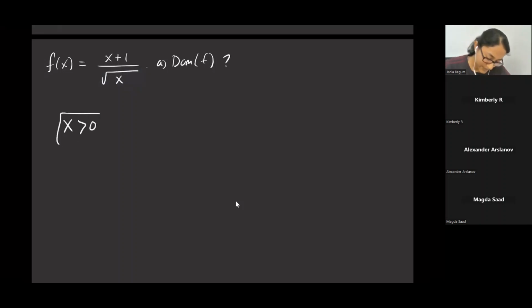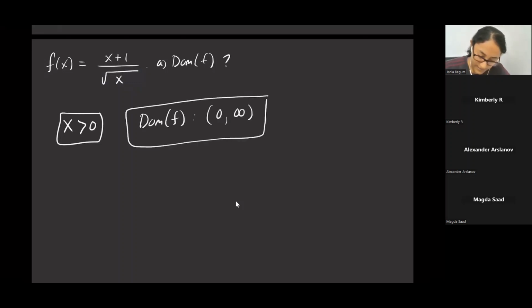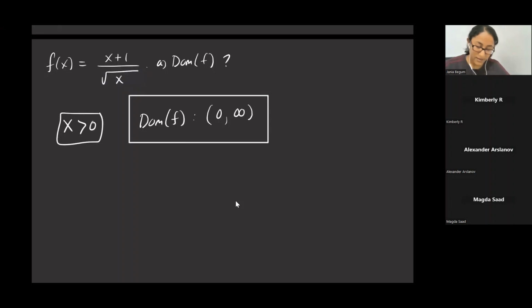In interval notation, the domain of f is from 0 all the way to infinity. We don't have to consider the numerator because it's just a polynomial, so you can plug in anything you want, but the denominator is the trouble. It makes sense only when x is greater than 0.